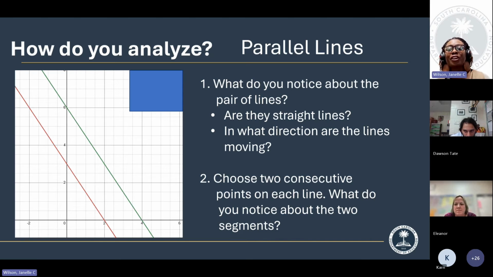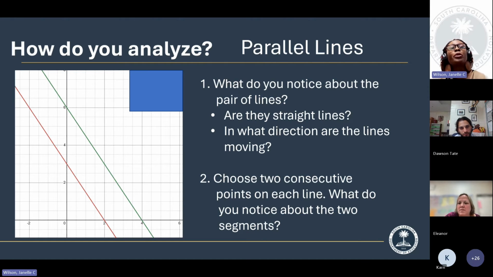Create a slope triangle. Very good. Rise and run. So when we talk about this, what are students going to recognize? They should recognize that as you're moving positive in one relation, you're moving negative in the other, right? And that the slopes are the same. Exactly.